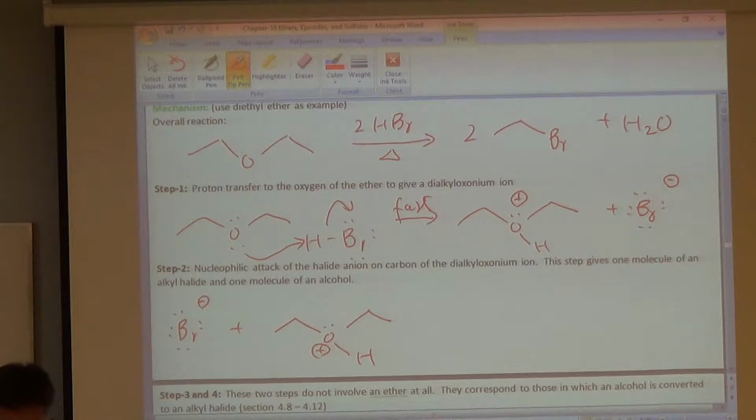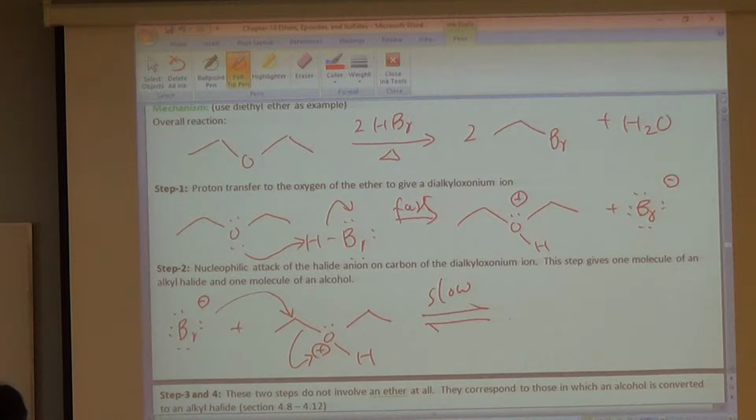We can take this bromide and attack either one of these, and then push these two electrons onto this positively charged oxygen. This will be a slow step.